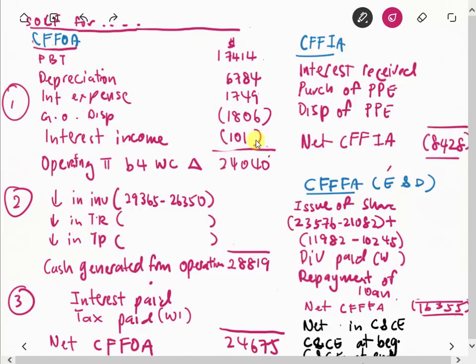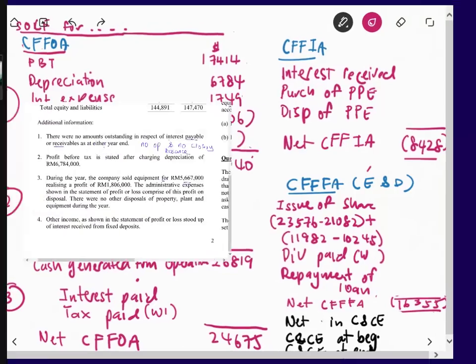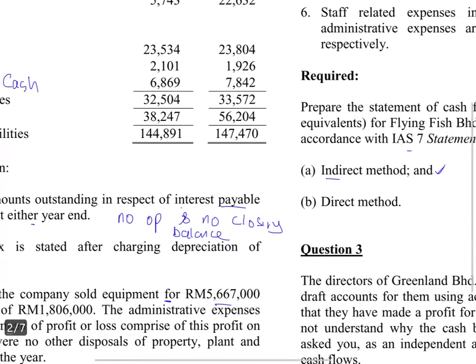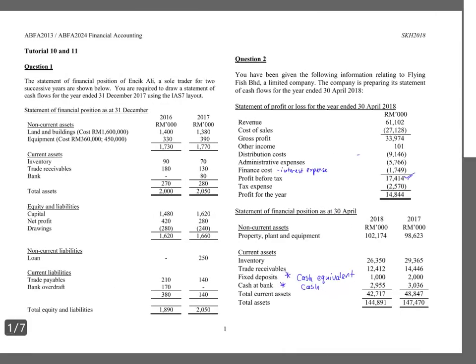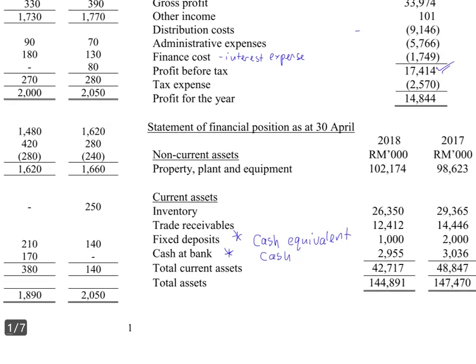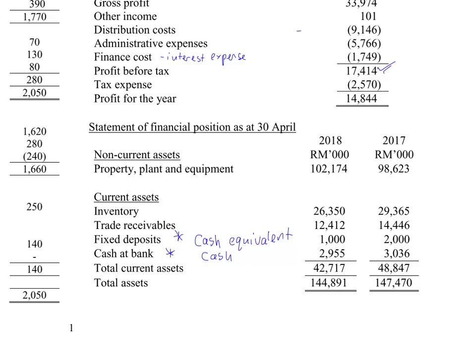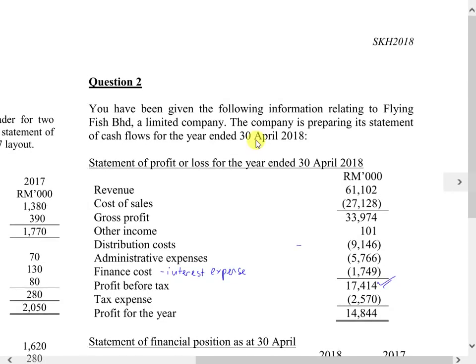Now, number 2 is increase or decrease, correct? In our trial balance, I have sales, trade receivable, purchase, and assets, whatever the asset.